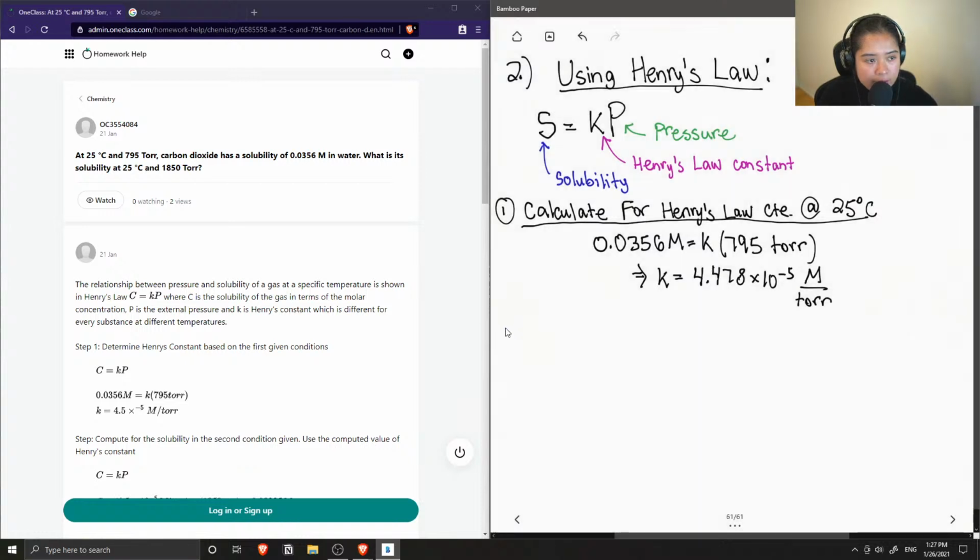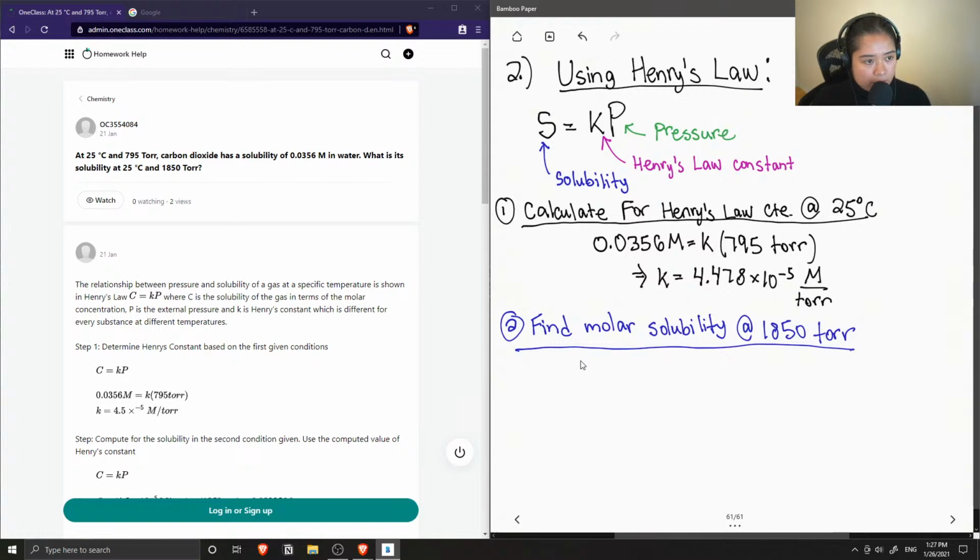Okay, so we have our K value at 25 degrees Celsius for carbon dioxide. So now we can find our molar solubility at 1,850 torr.